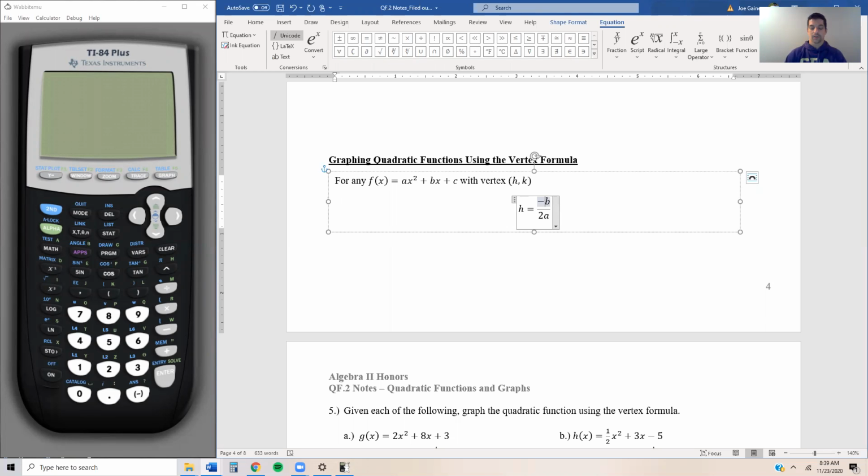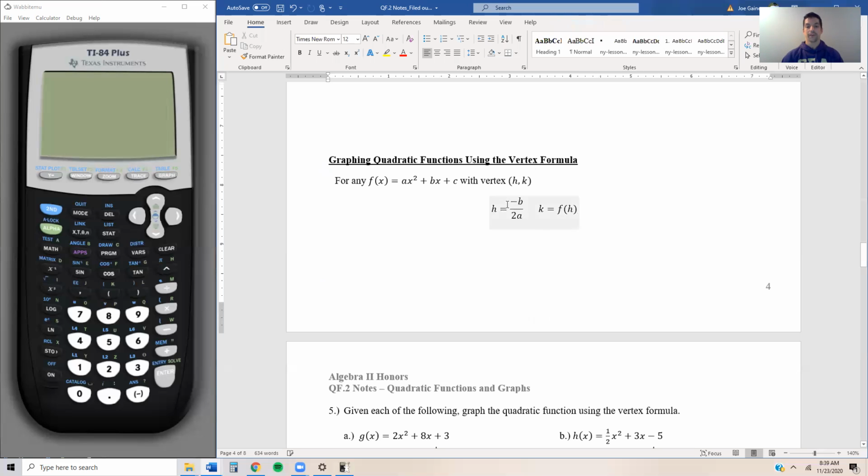There's no addition of the discriminant in there. So we can find the x value of the vertex by taking negative b over 2a. To find the y value of the vertex, you find f of h, meaning once we figure out what h, the x value, is, we can put it into the equation and then solve for y.